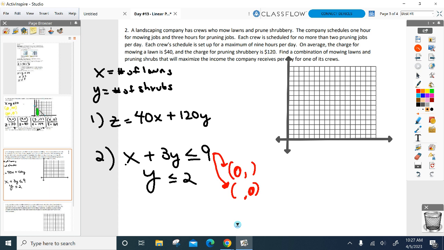Getting 0, 3 and 9, 0. So I think we can go by ones.